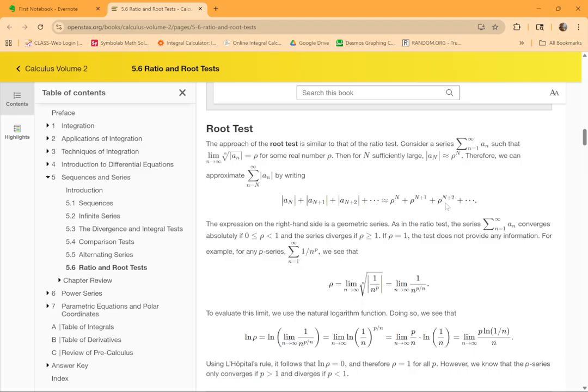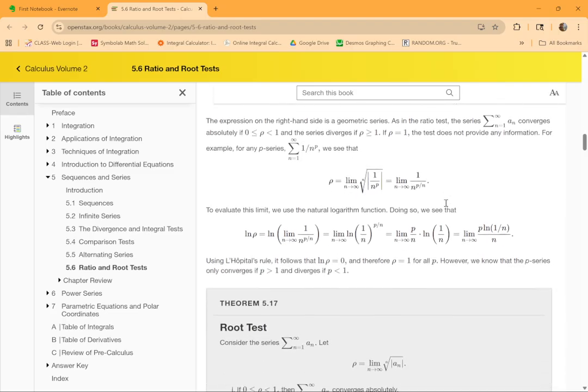And we've seen how a geometric series converges. That's the theory behind the root test.